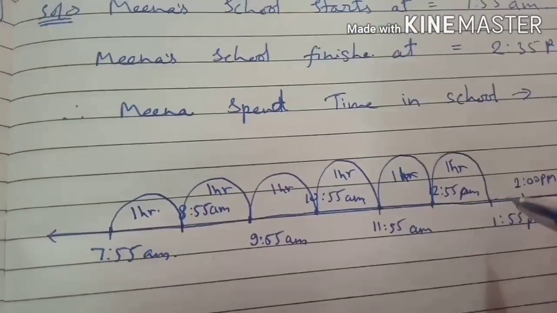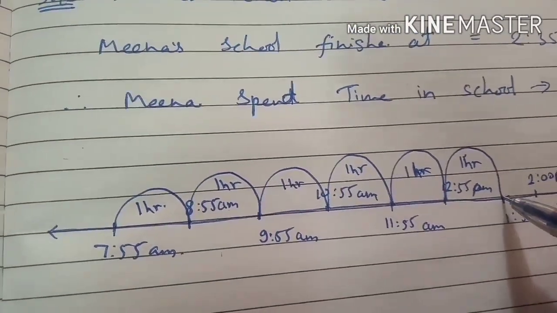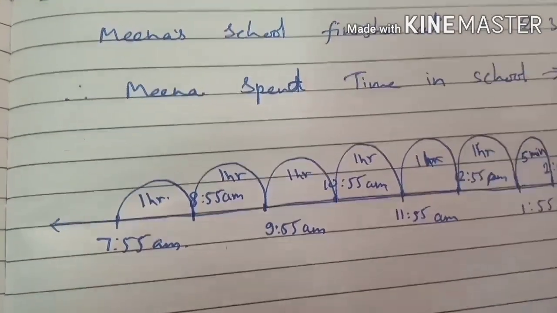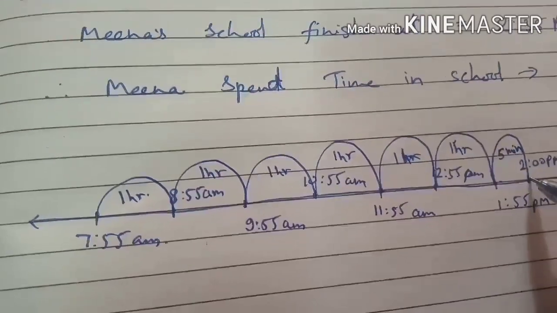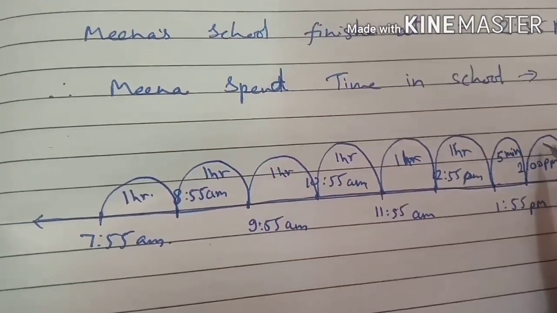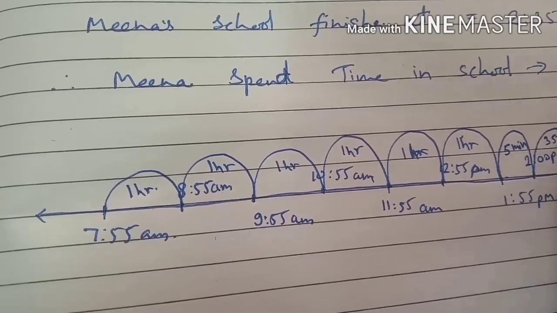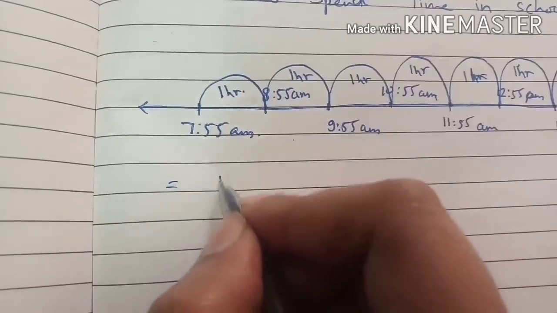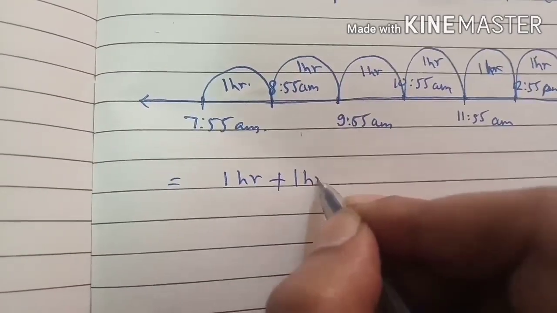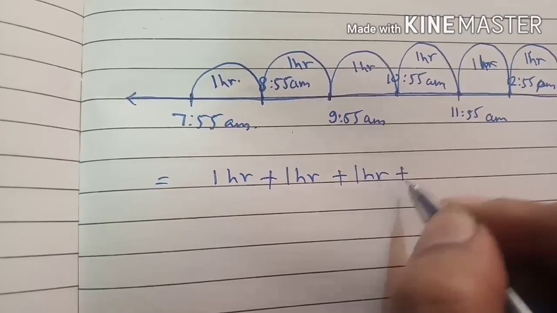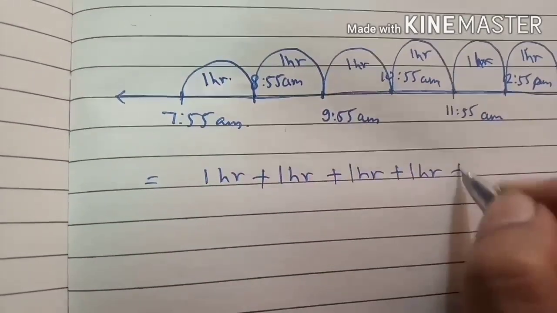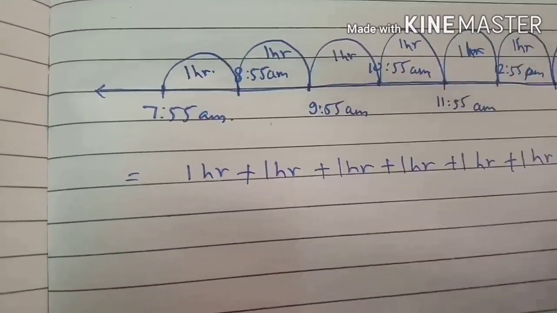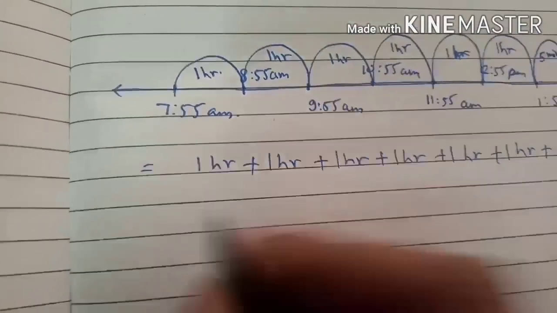Now from 1:55 to 2 p.m., this time is only 5 minutes. From 2 p.m. to 2:35 p.m., Mina spends 35 minutes in school. In the last step we will add all the times: 1 hour plus 1 hour plus 1 hour plus 1 hour plus 1 hour plus 1 hour plus 5 minutes plus 35 minutes.